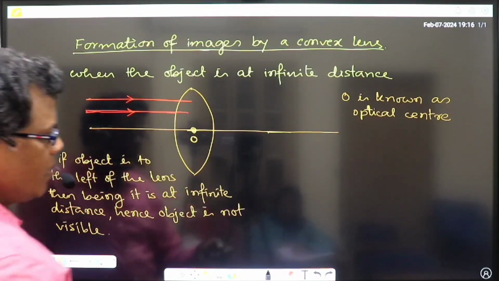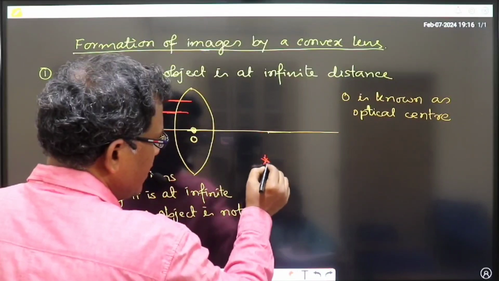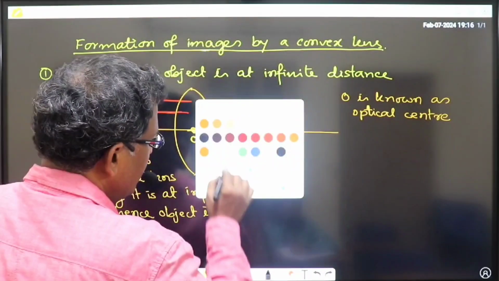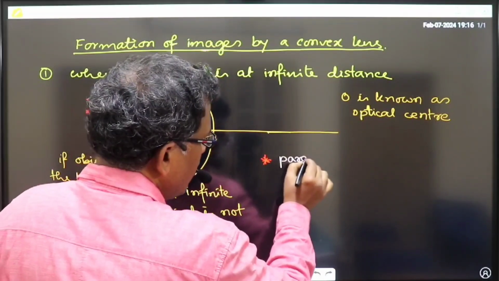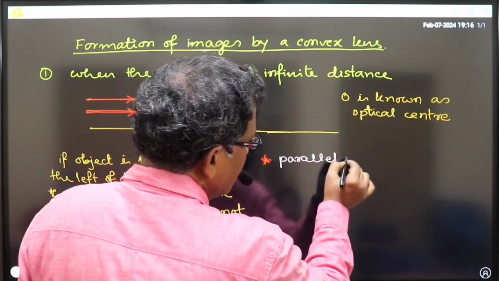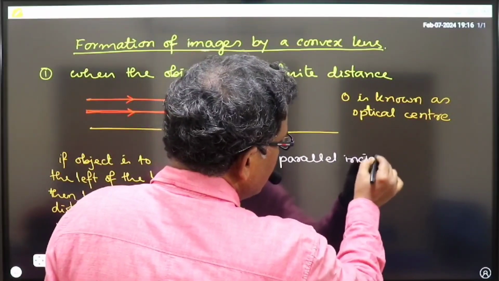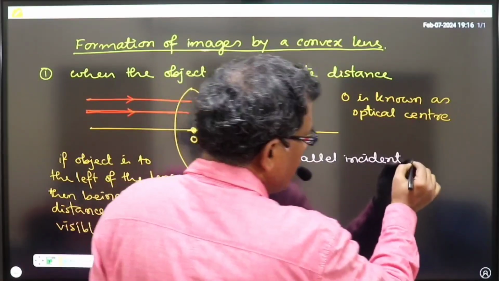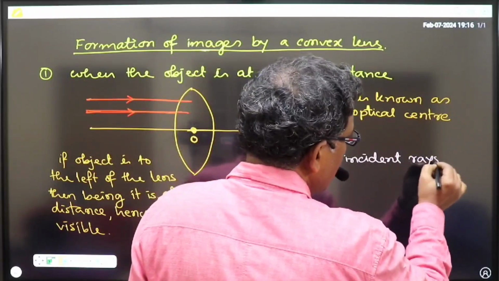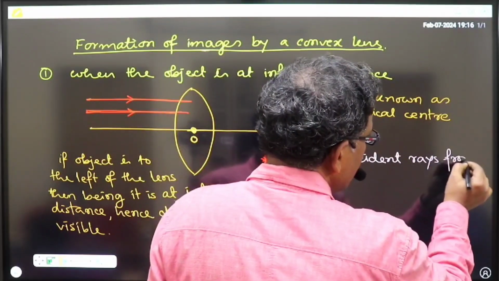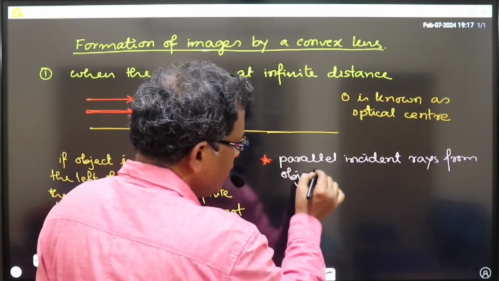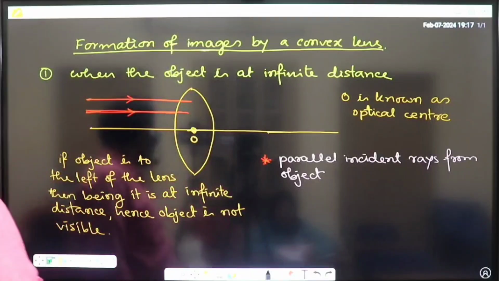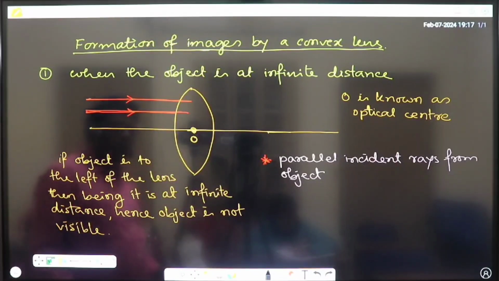So this idea suggests parallel incident rays from the object, which is at infinite distance, coming to the lens like this.